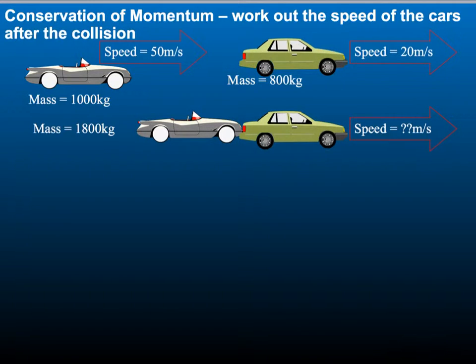In order to solve this, we need to write down the equation that we're going to use. We have m1 u1 plus m2 u2 equals the new mass times the velocity. Here we're not adding anything onto that because we've only got one object now. So we'll start with the silver car as object 1. Its mass is 1,000 and its initial velocity is 50.